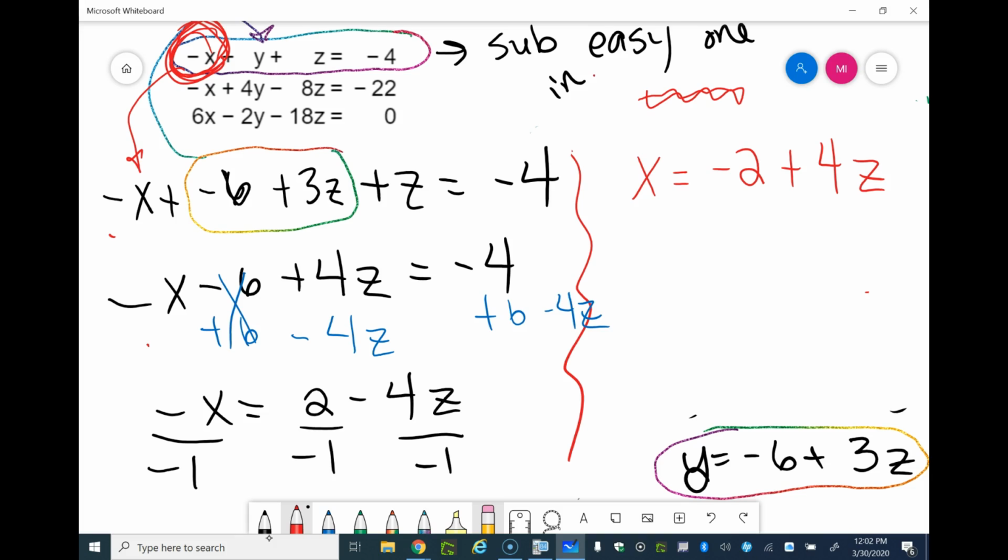So once I do the equation, I brought the positive 6 over. That gave me positive 2. I subtracted the minus 4z here. These cancel. I brought it over here and I put it down on the back part. So I have 2 minus 4z.